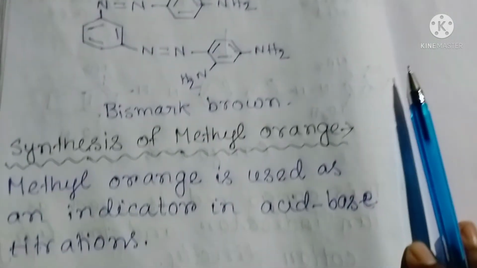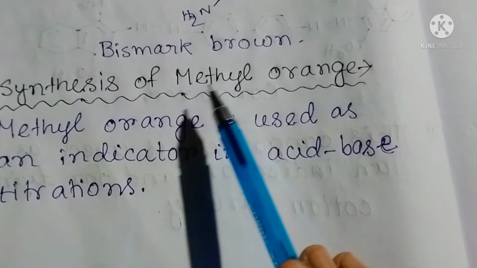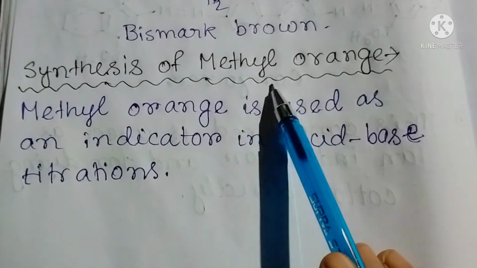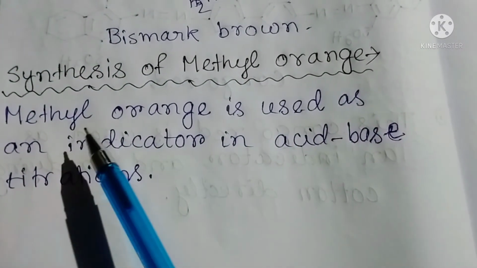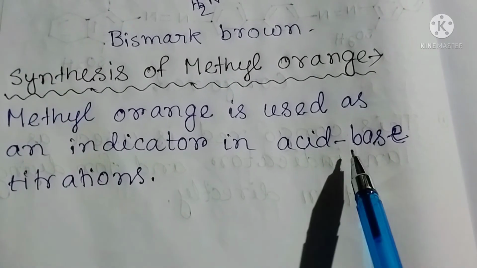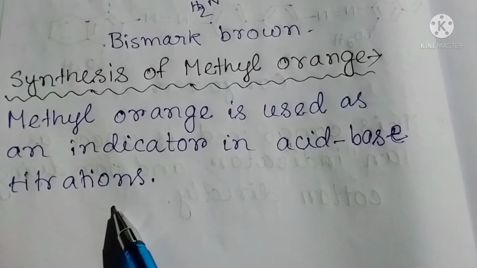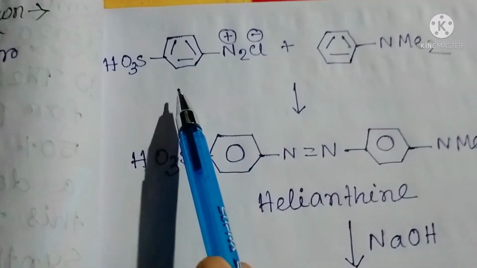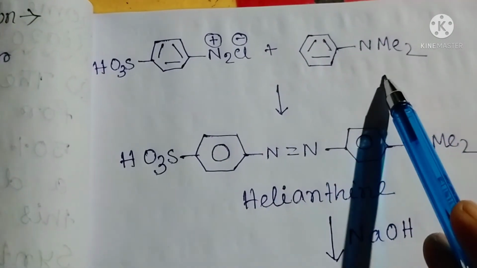Now next we synthesize methyl orange. So students, why do we synthesize methyl orange? Because methyl orange is used as an indicator in acid base titration. So we synthesize methyl orange. Now here we take this compound and this compound.